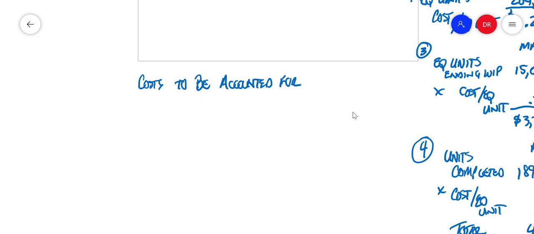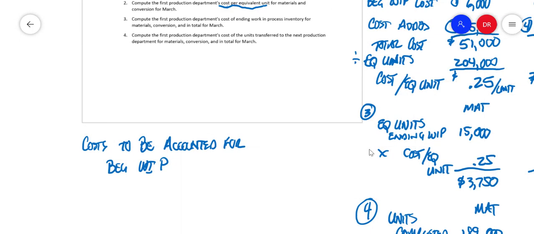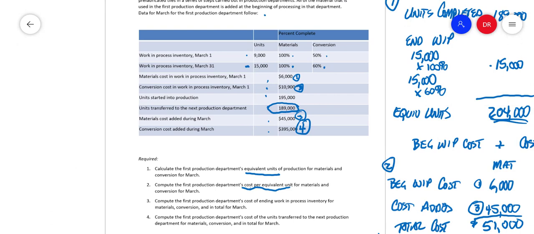So the costs we're going to account for are, start with, beginning work in process. All right? So when we come back over here, we look at beginning work in process costs. And so we have materials and we have conversion in beginning work in process.